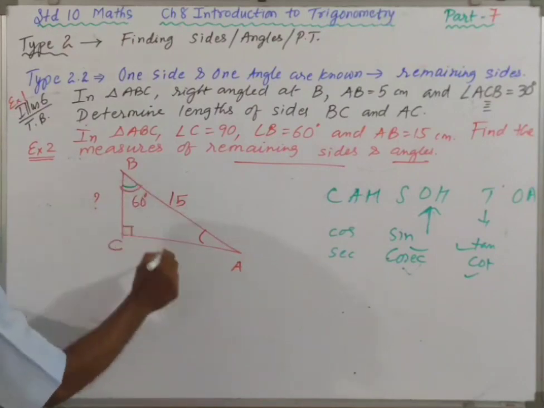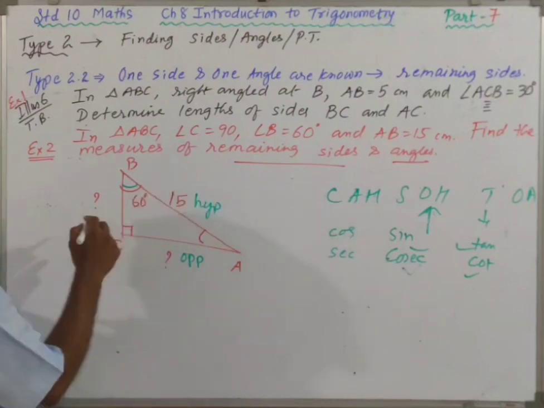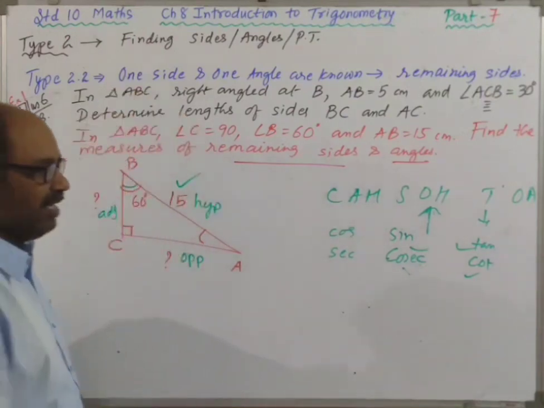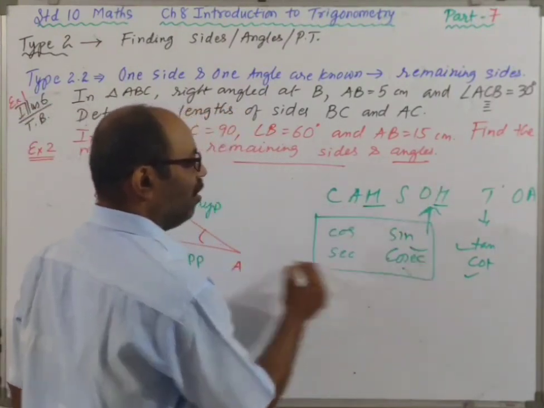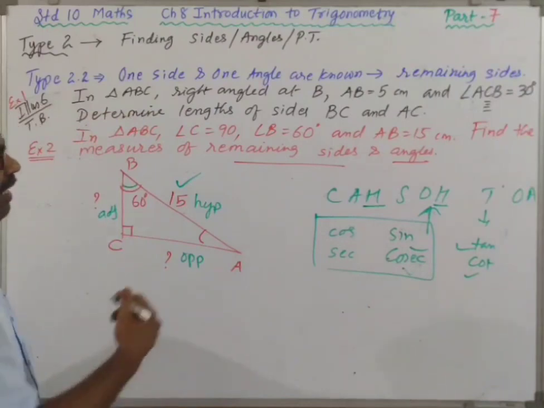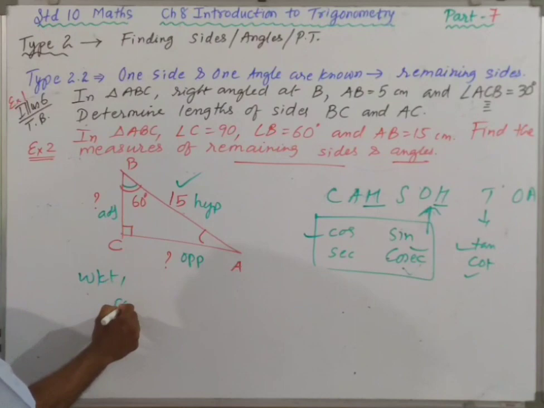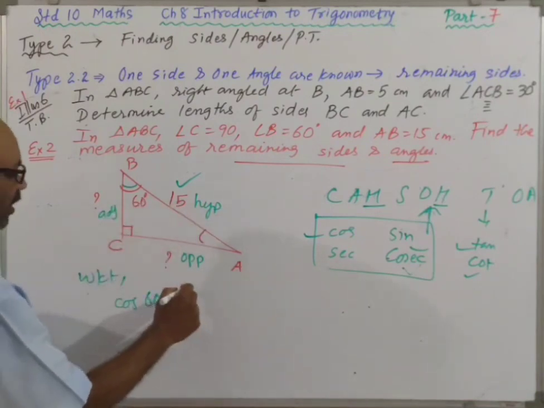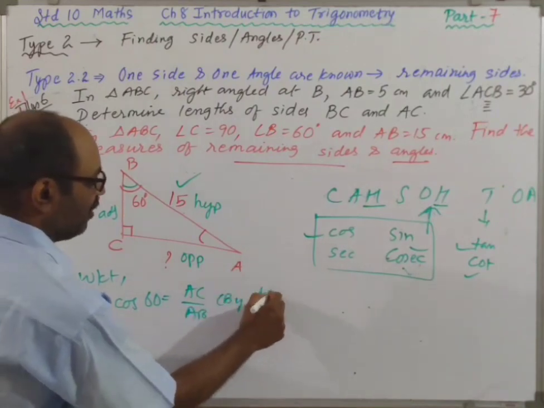Alright. First we find measure of sides. Now with respect to 60, this is opposite side. The hypotenuse is always opposite to the right angle. And this is adjacent side. You have the hypotenuse, so you can use this hypotenuse. Take any one of these four. Alright. Let's take cos. We know that cos of 60 degree is adjacent upon hypotenuse, so AC upon AB by definition.